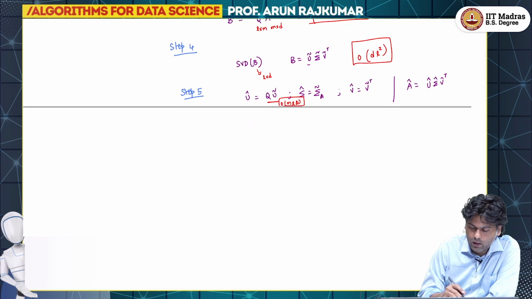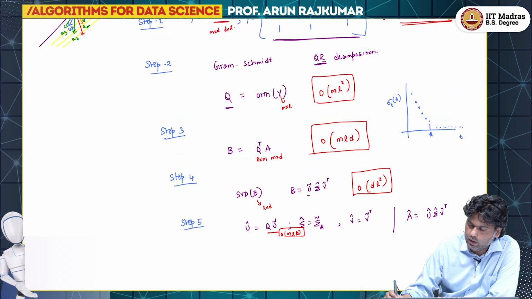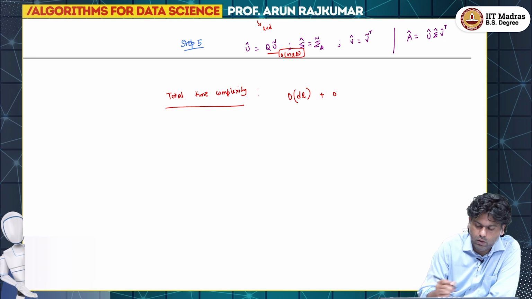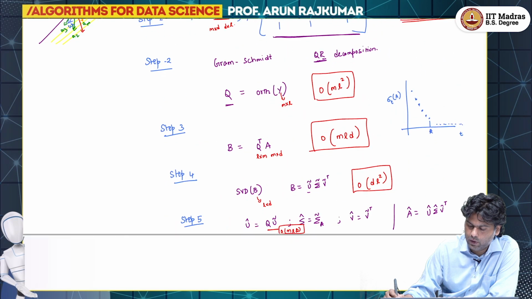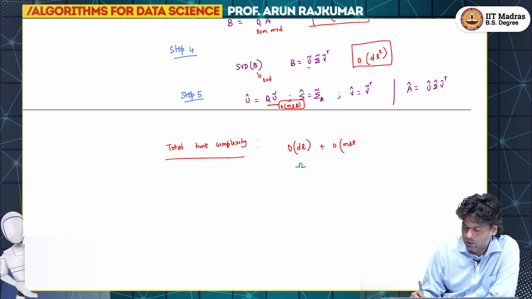So, if I put together the total time complexity, let us look at this. That is order of dL to generate omega, plus order of mdL, which is needed to generate Y equals A omega, plus order of dL squared.